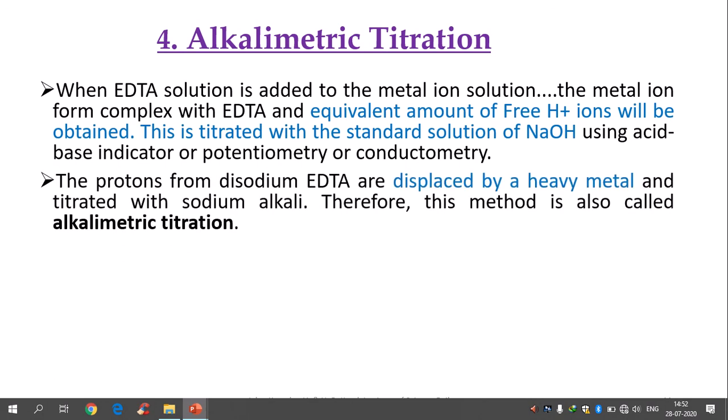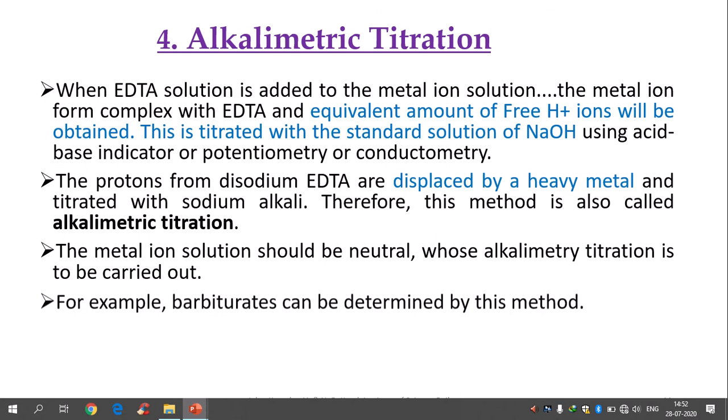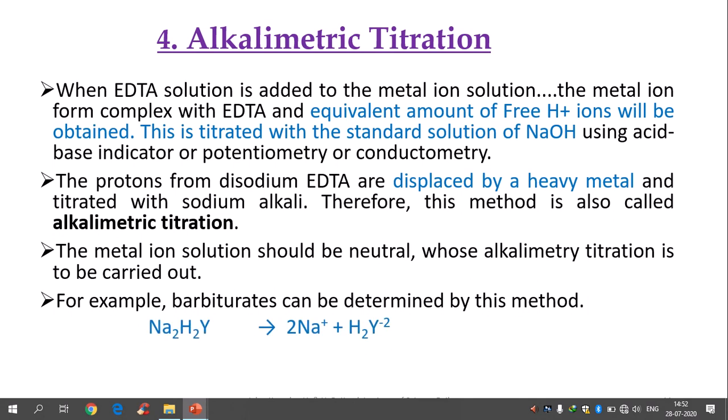So here what happens is, the protons of the disodium EDTA are displaced by a heavy metal and titrated with the sodium alkali. So this method is called alkalimetric titration. The metal ion solution used here should be neutral, so that the alkalimetric titration is possible, and generally this type of titration is carried out for heavy metals, like heavy elements such as the barbiturates.